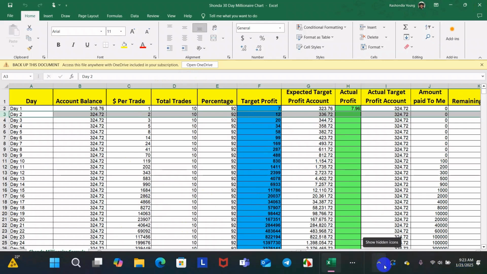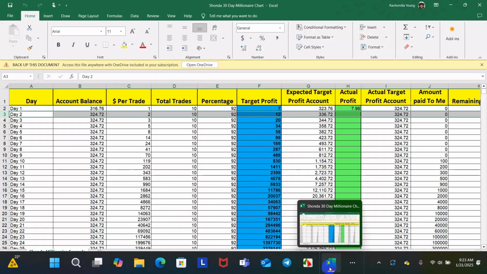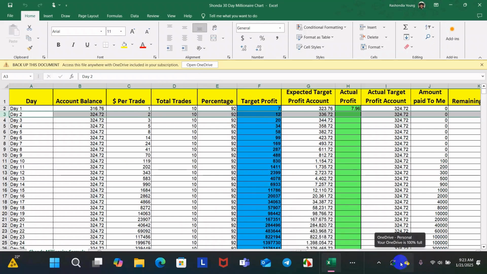Maybe tomorrow will be a better day to trade, and so that I can get myself together and not go in here and do the things that I know I'm not supposed to do. That seems like it's being a theme here, Shonda. You need to get yourself together. I'm just saying.